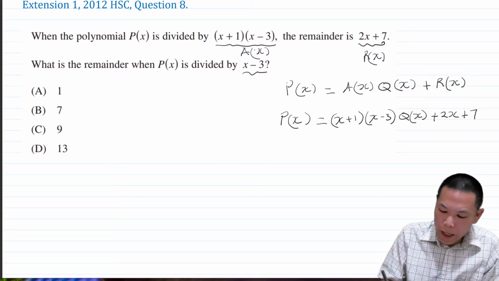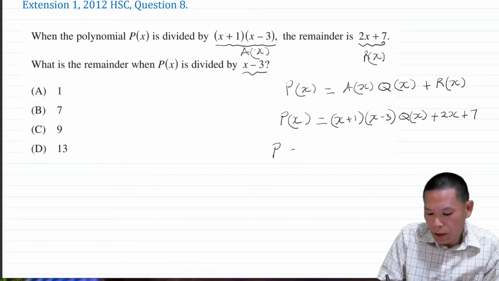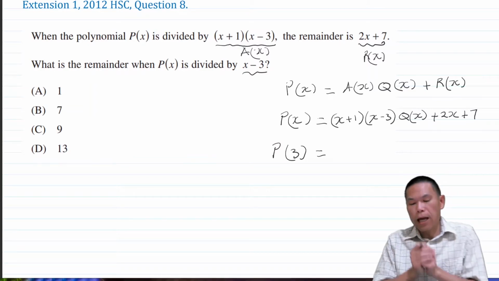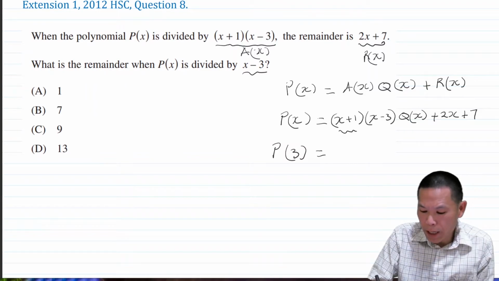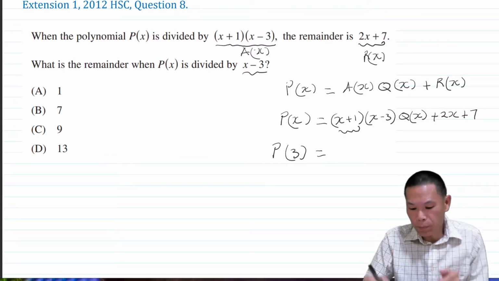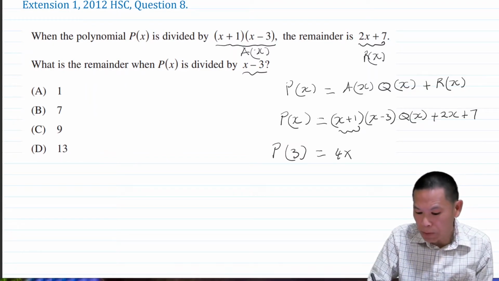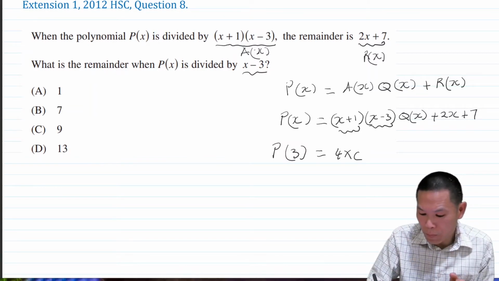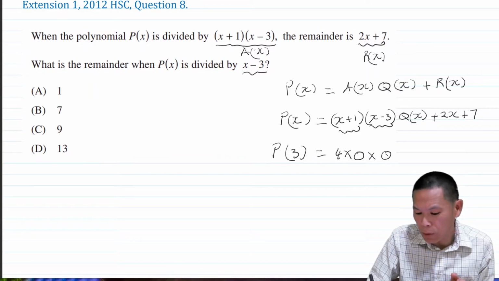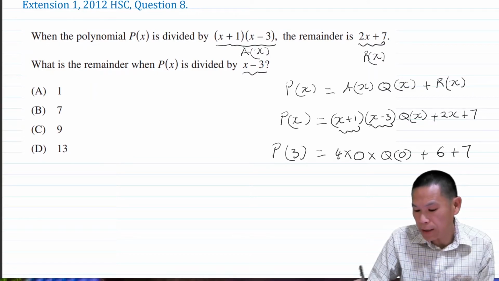So we need to find P of 3. Now, we just replace x with 3. So this becomes 3 plus 1, which is 4, times 3 minus 3, which is 0, times Q of 0, plus 2 lots of 3, which is 6, and plus 7.